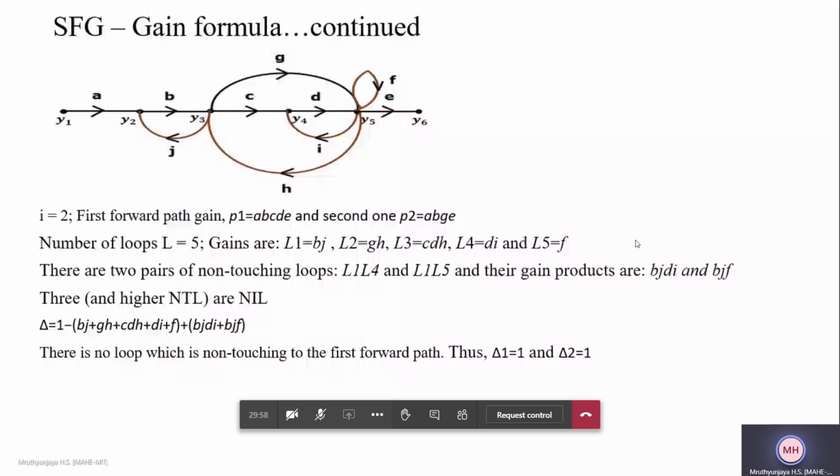BJ is touching the forward path A, B, C, D, E, so eliminate. Similarly GH is among the forward path, so eliminate. CDH, CD is among the forward path, so eliminate. DI is also among the forward path. F is also among the forward path. So eliminate. Any doubt?